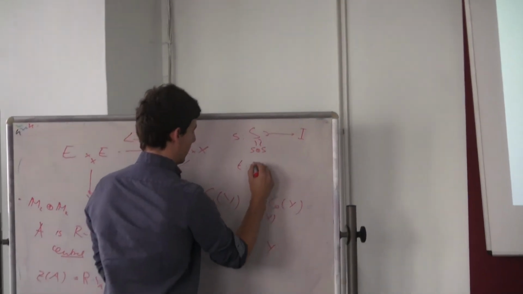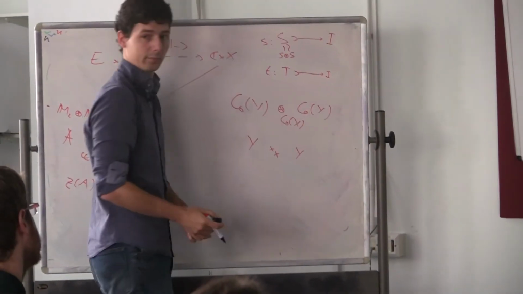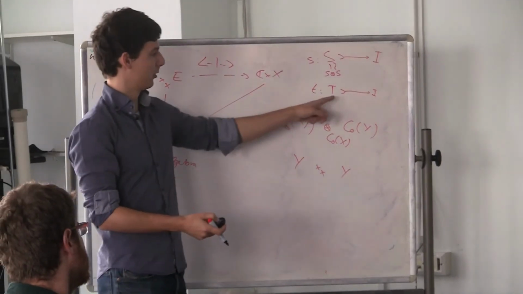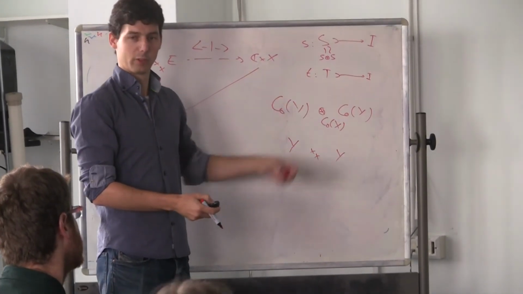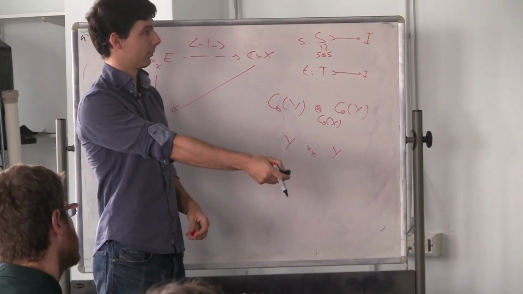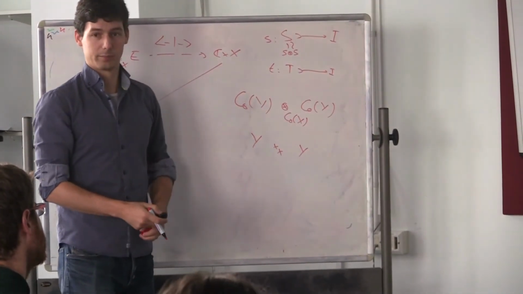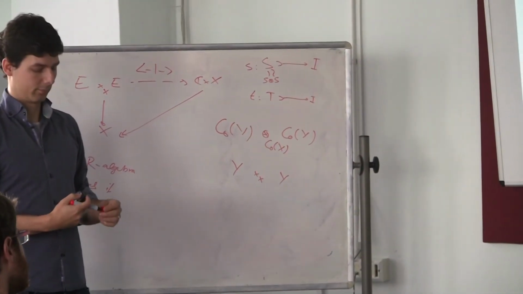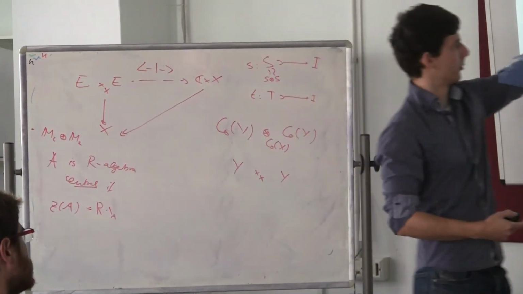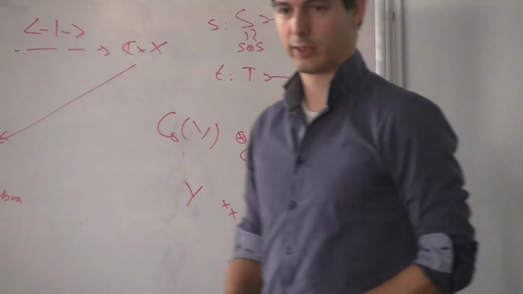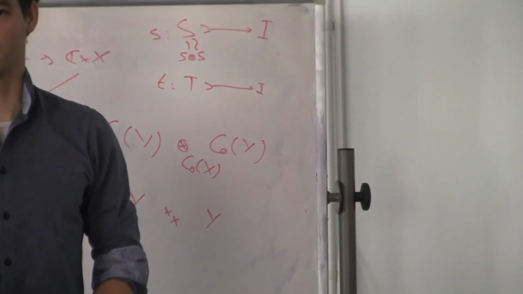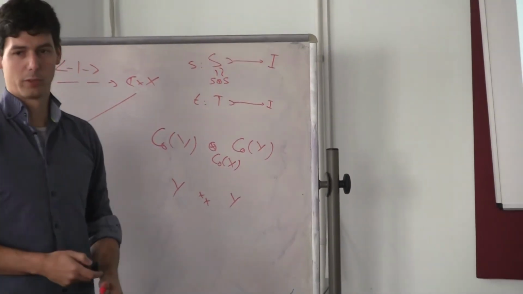T is another such thing. I always use capital and small letters for sub-objects. Yes, it's true, I said monic times monic is monic. It's slightly weaker than that. It's monic times identity is monic. So this is a very innocent assumption.